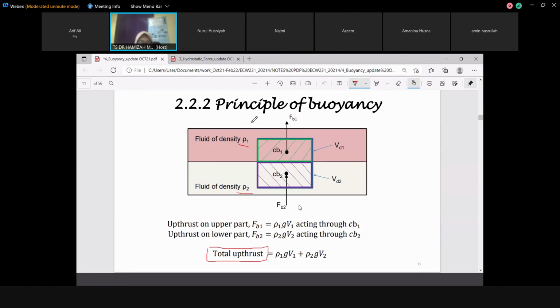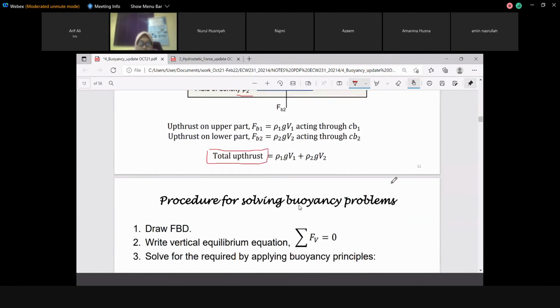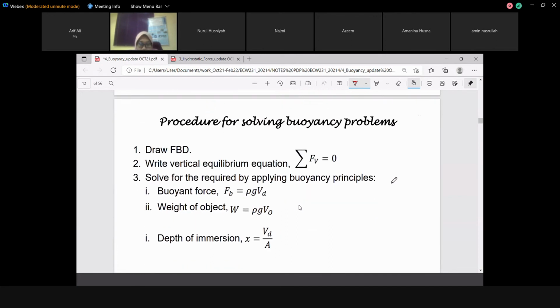Okay, we cannot mix because we have different densities. Okay, so this is the procedure we should follow to solve the buoyancy problem.